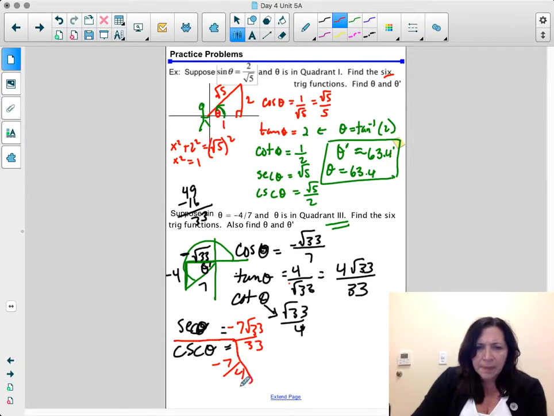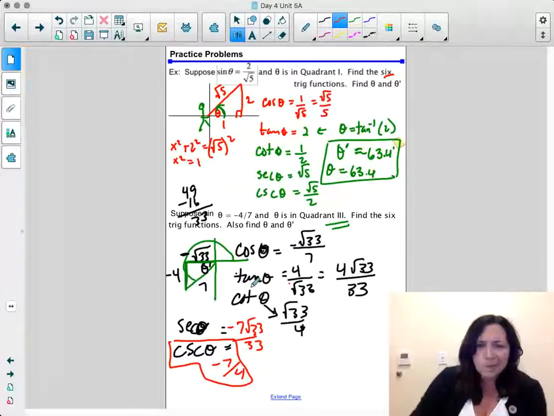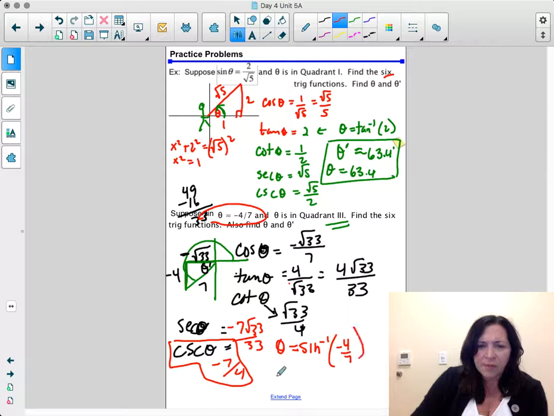So now all I got to do is find theta. Which one am I going to use? Sine. I'll just use this original one. So theta is equal to arc sine of -4/7.